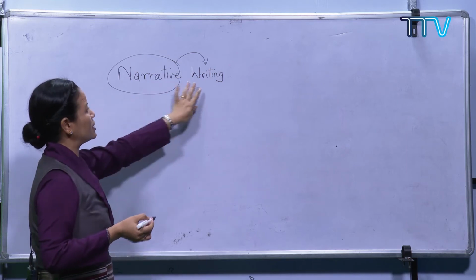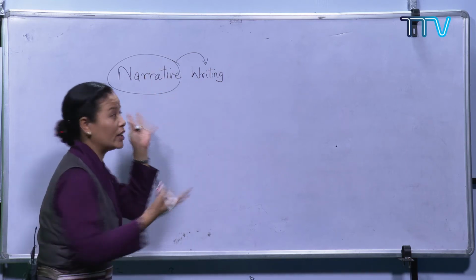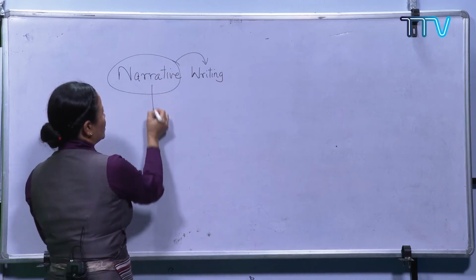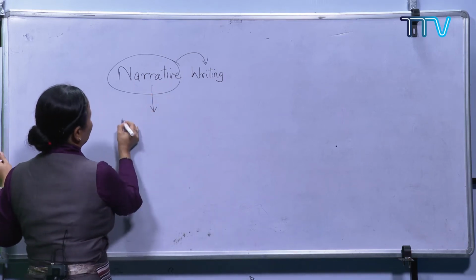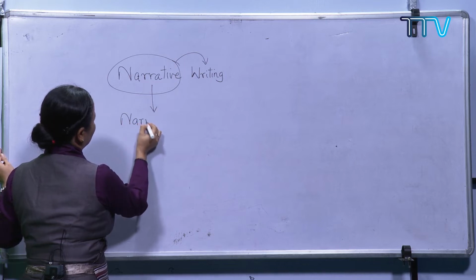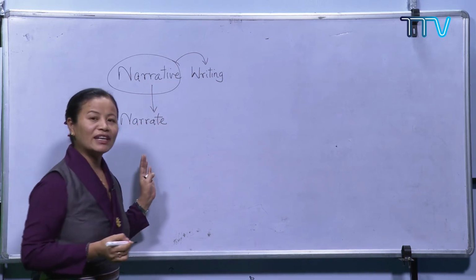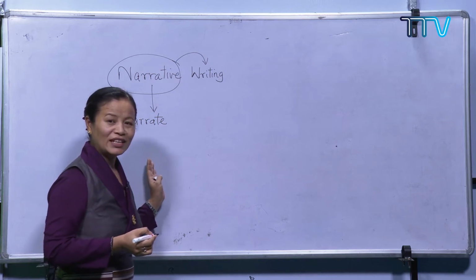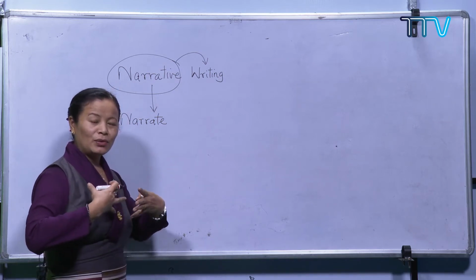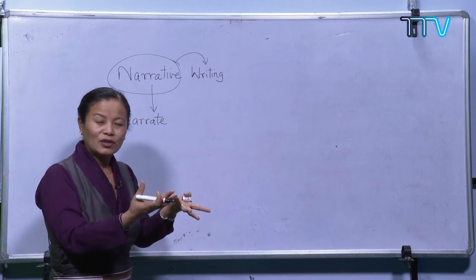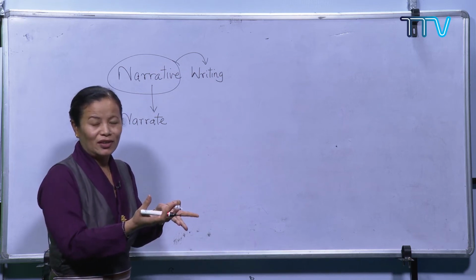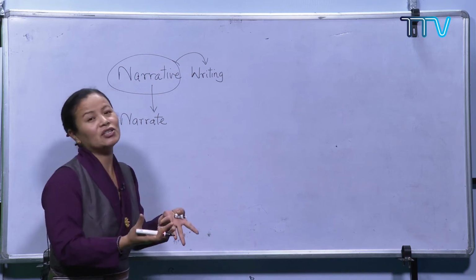So narrative is explaining this part. What type of writing? Narrative. If you break this word, narrate, right? You all know what narrate is, isn't it? You express something, you tell something, usually in the form of a story, an event or incident you narrate.